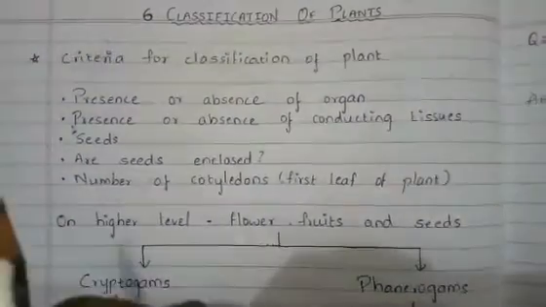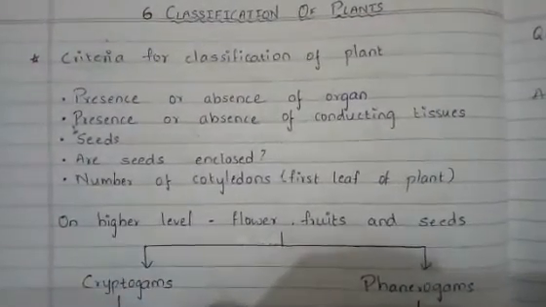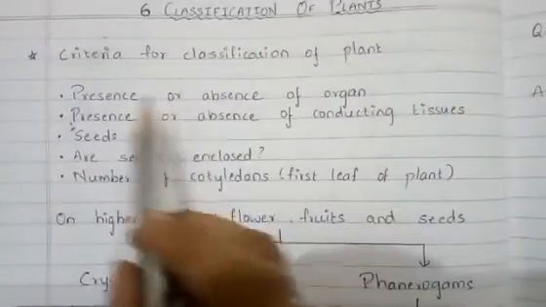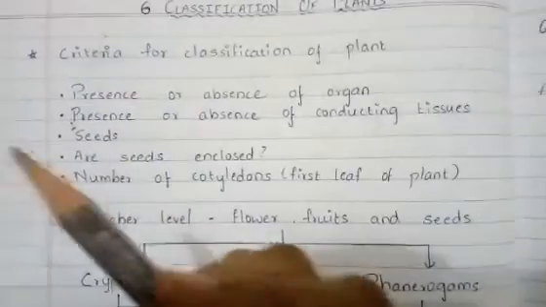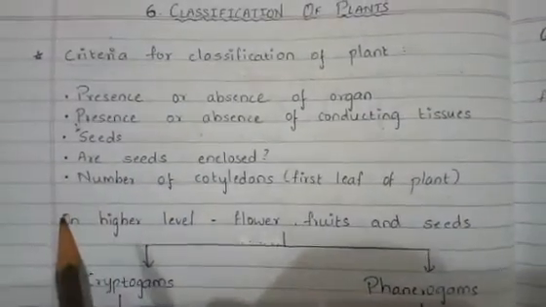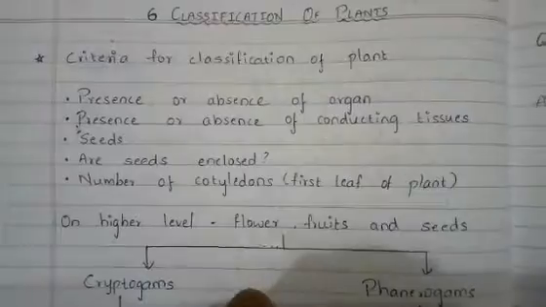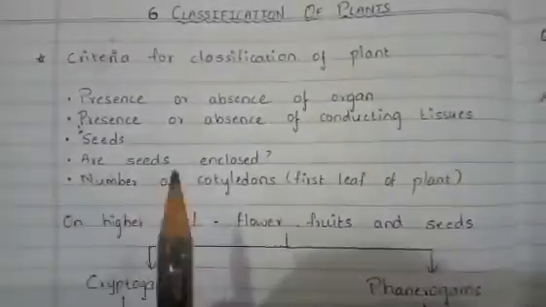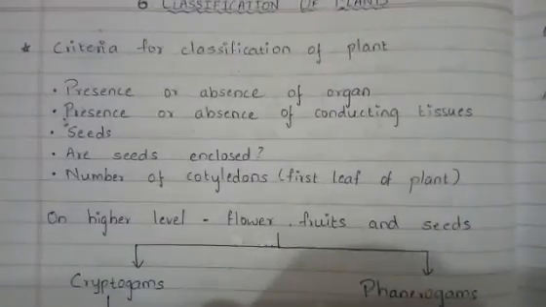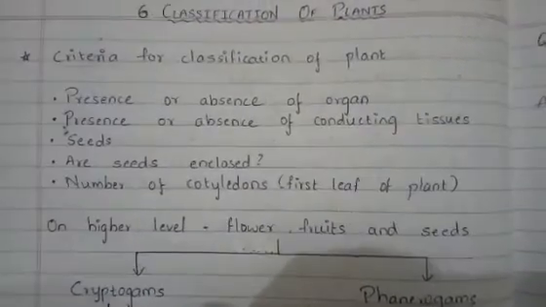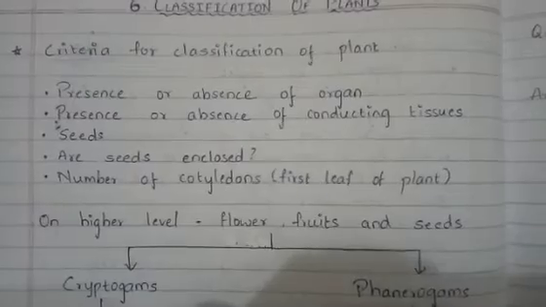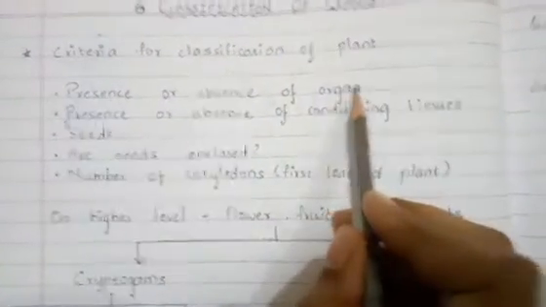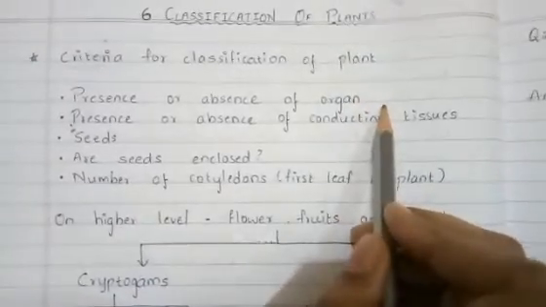On the basis of this, the plants are classified into different categories. If the plant is missing one of the organs, say the flowers are missing, then all the non-flowering plants will be grouped into one category, and all the flowering plants will be grouped into another category. So here, on the basis of presence or absence of an organ, plants are classified into groups.